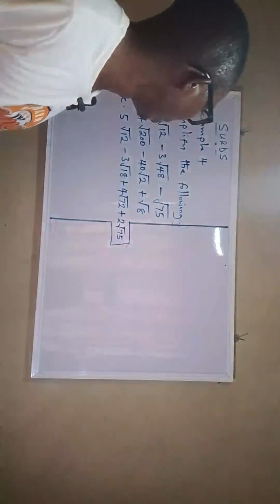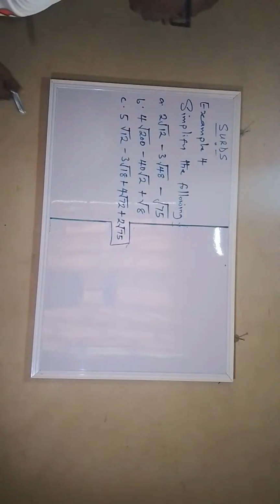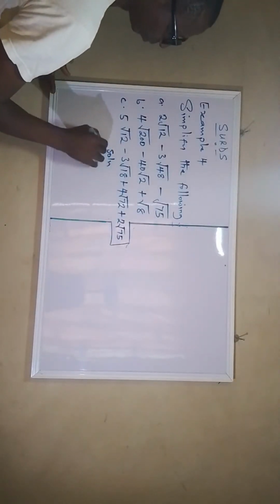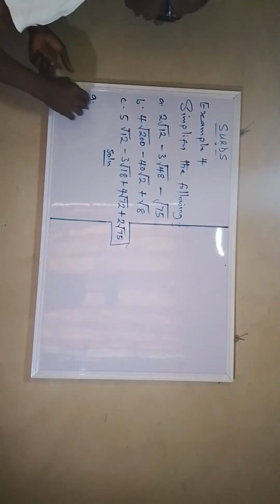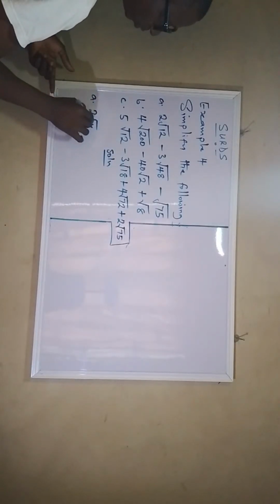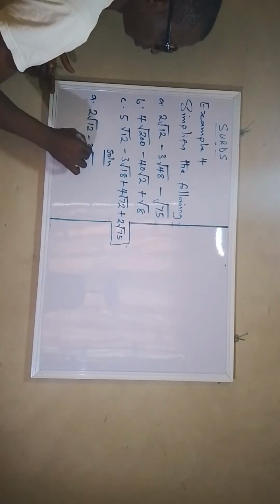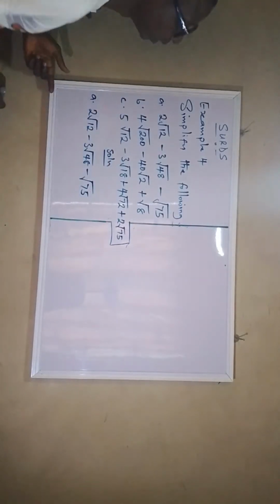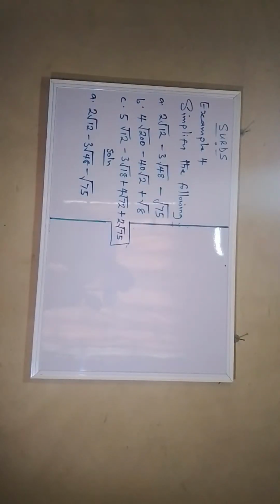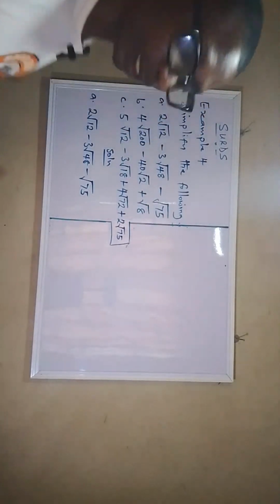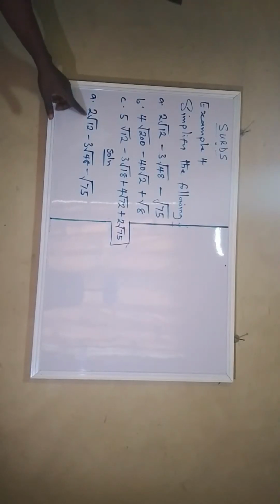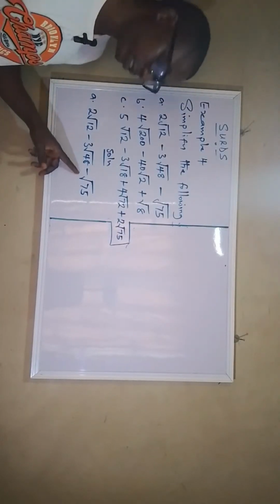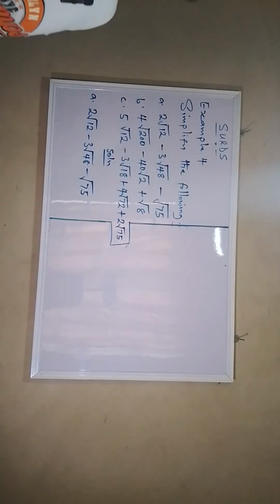All right, so let's look at the first question here. We have 2 square root of 12 minus 3 square root of 48 minus square root of 75.